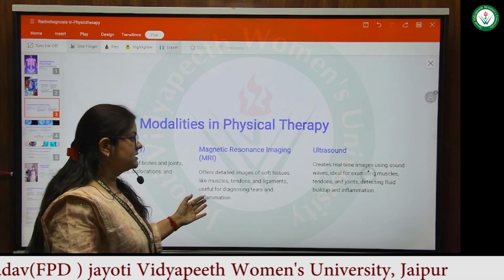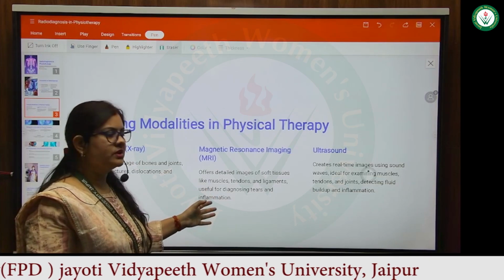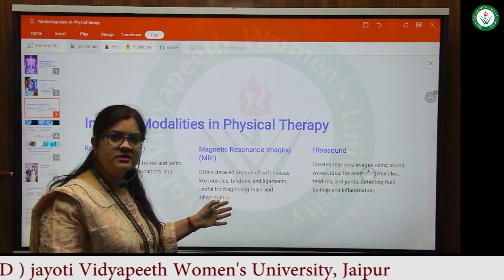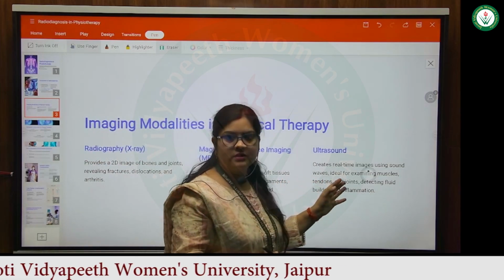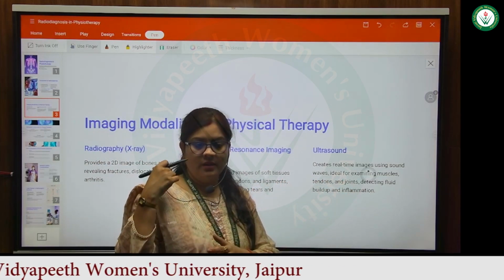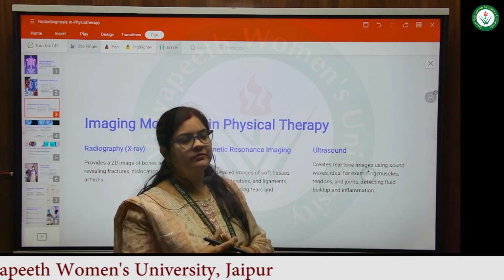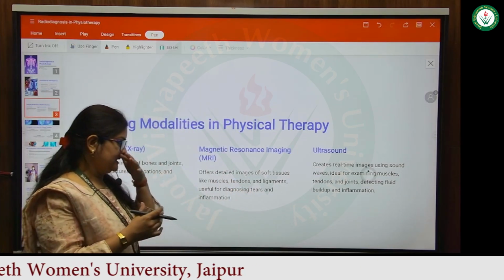So this is the second imaging modality we are using in diagnosis to identify any alteration or condition, to make a tailored program for the patient's condition or status.